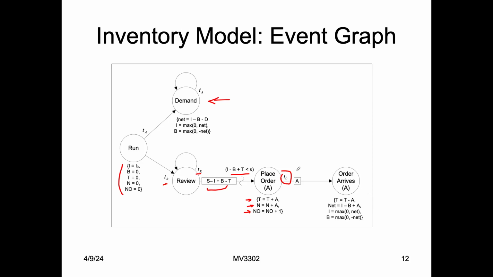So when this order arrives, this particular instance will have the quantity that was present when it was placed. So this is a non-trivial use of passing parameters. This is where passing parameters is important, because this event needs to know how many were in the order. And because there could be more than one order, whenever this occurs, I need to make sure that this bookkeeping is done correctly.